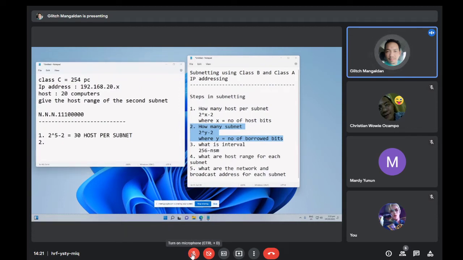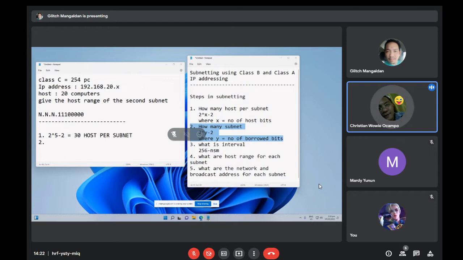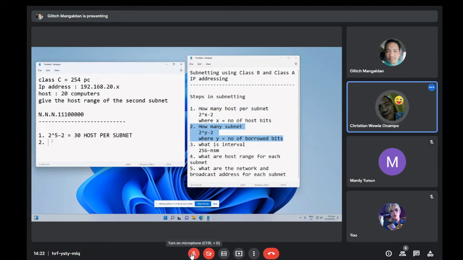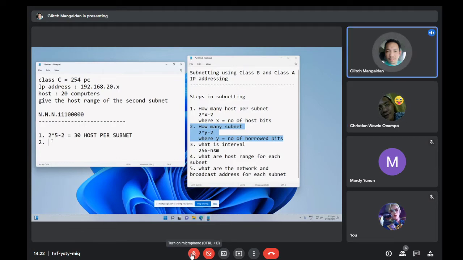Okay, Wawi. Sir, di ko pa po nagagawa yan. Nasa HTML pa lang po ako. HTML naman. Opo. Diniscuss na natin to last time. Hindi ko pa po nagagawa, sir eh. Hindi, pero diniscuss na natin yan.